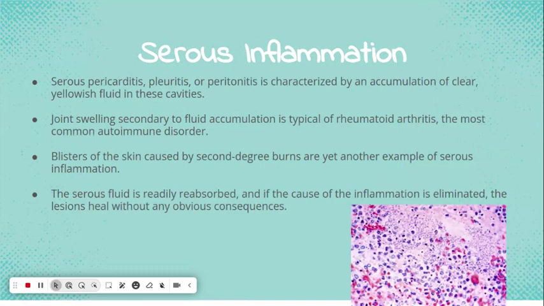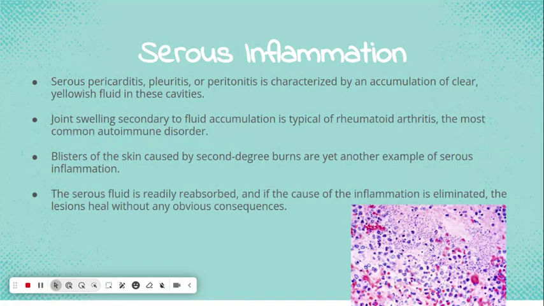So serous pericarditis, so inflammation in the pericardium, which is the casing of the heart. Pleuritis or peritonitis is also characterized by the accumulation of clear yellowish fluids in those cavities. We can also see joint swelling secondary to fluid accumulation, which is typical in rheumatoid arthritis, the most common autoimmune disease.